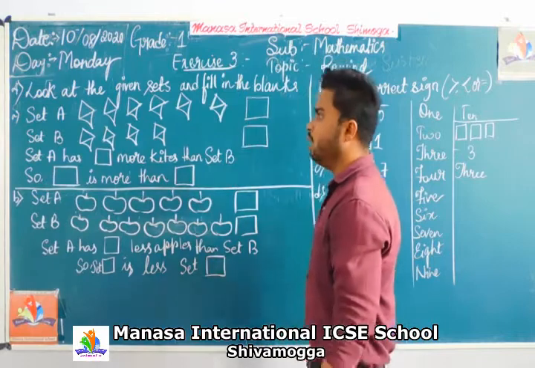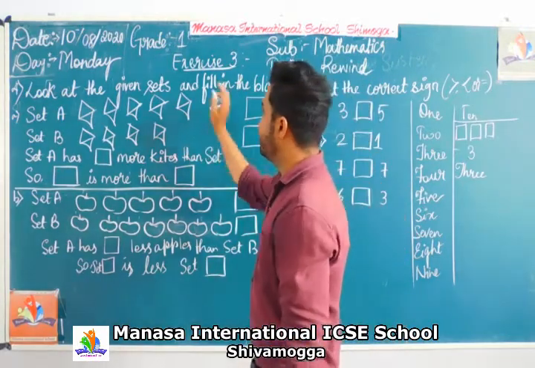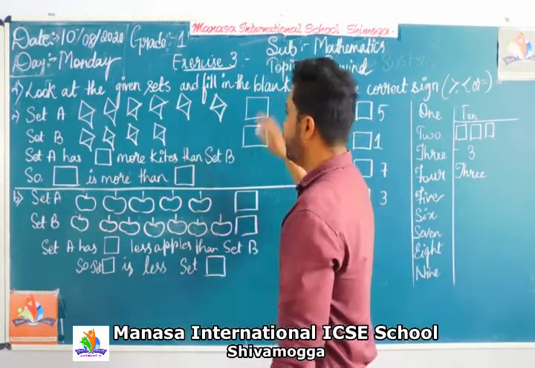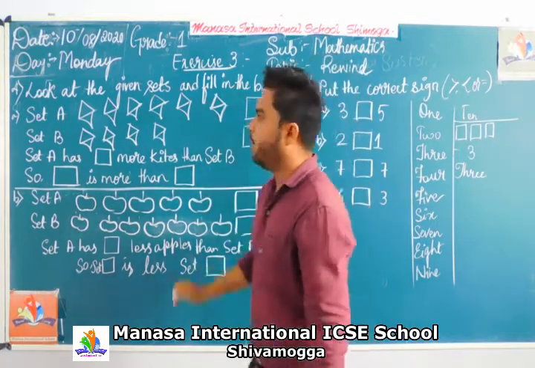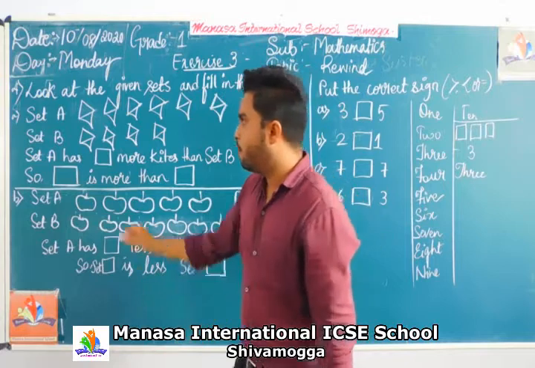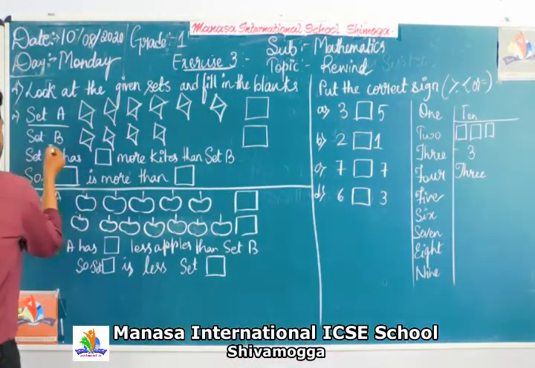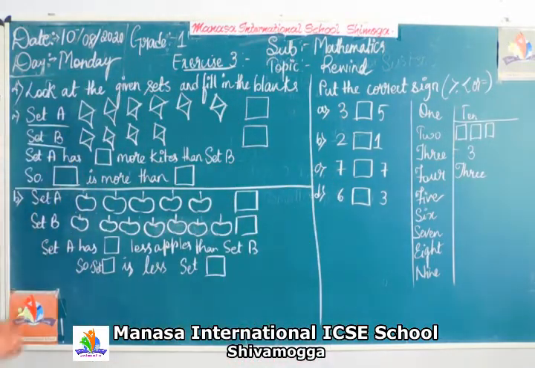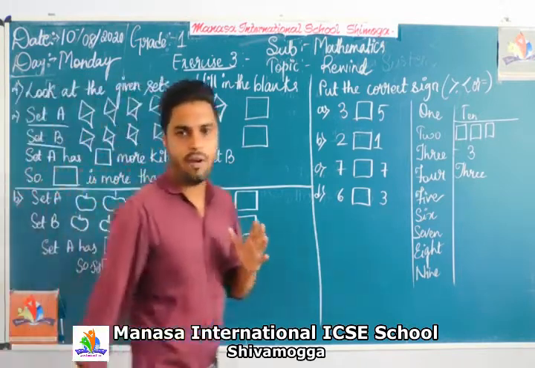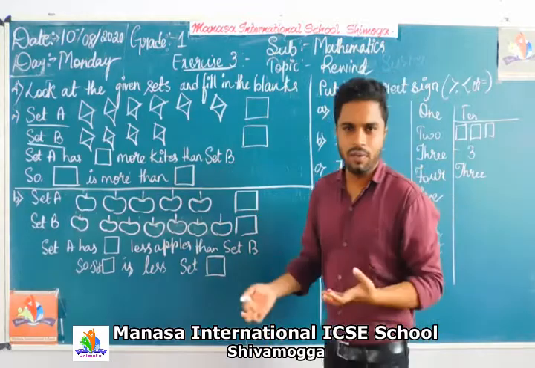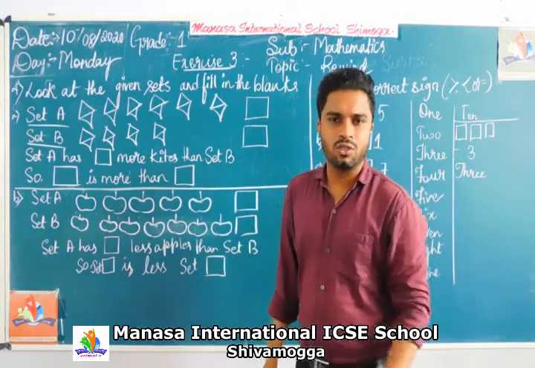Fourth one: look at the given set and fill in the blanks. First you have set A, then you have set B. This is nothing but kites. I have drawn it in my own way, it is not so good, please adjust.